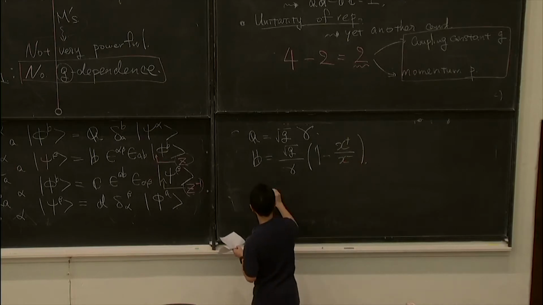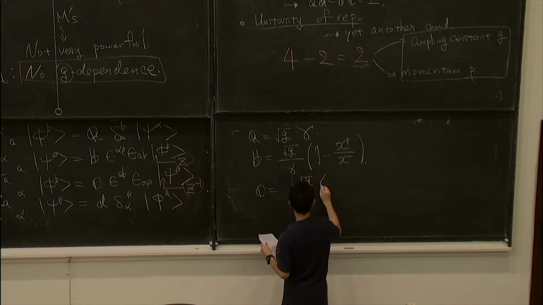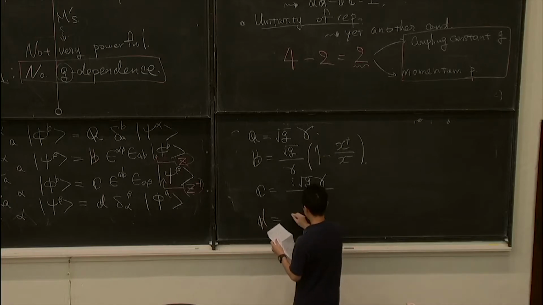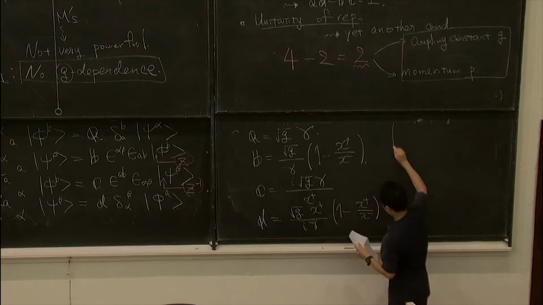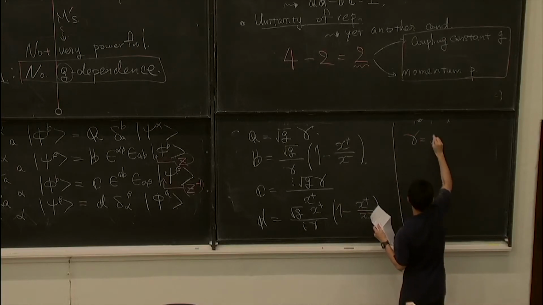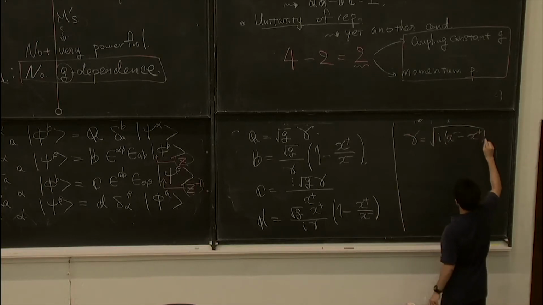And C is i square root g gamma over x plus, and D is square root g x plus over i gamma times 1 minus x plus over x minus, and gamma is square root of i (x minus minus x plus).